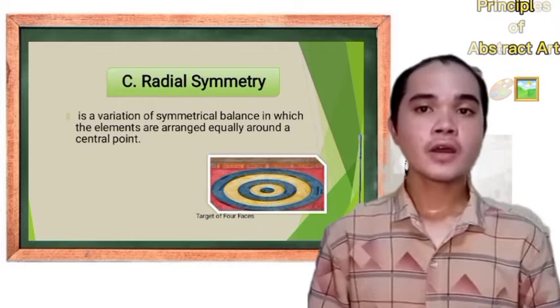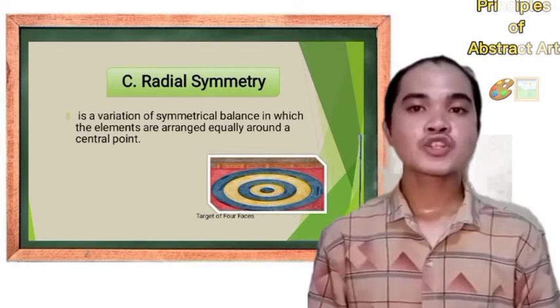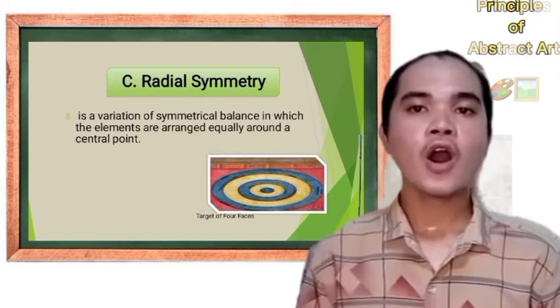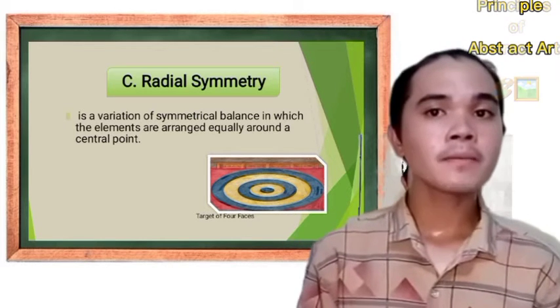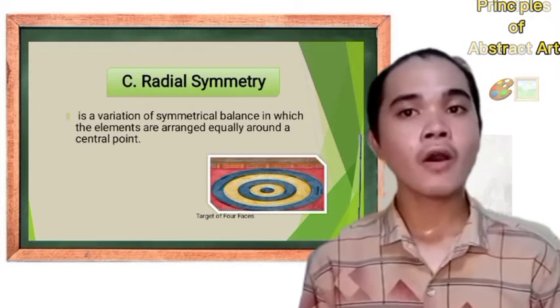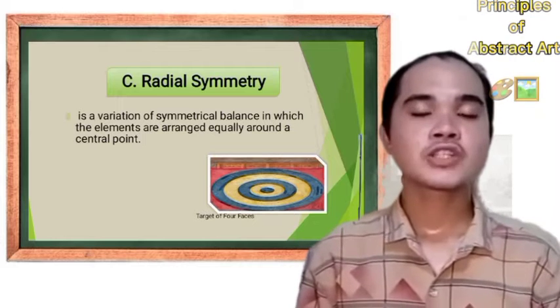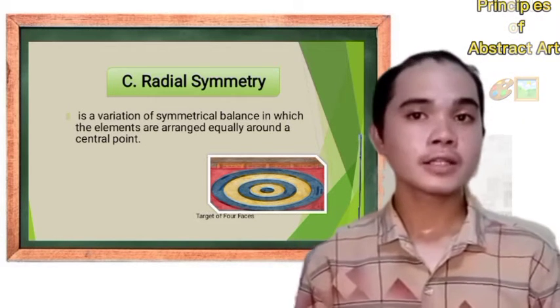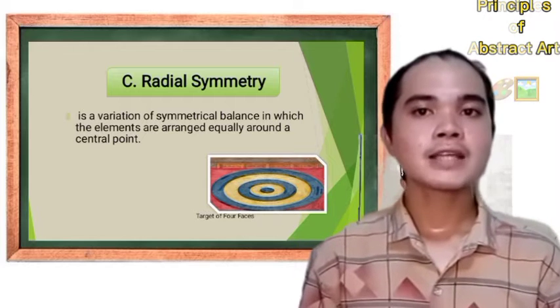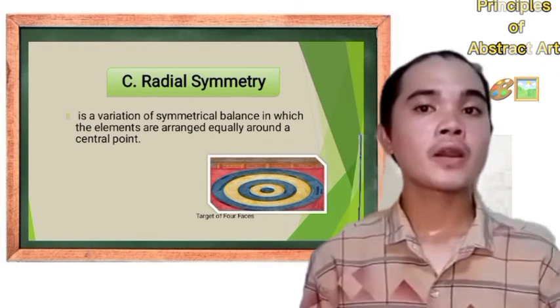In other words, radial symmetry has a strong focal point and is often seen in nature, as in the petals of the tulip, the seeds of the dandelion, or in certain marine life, such as jellyfish. It is also seen in religious art and sacred geometry, such as mandalas, and in contemporary art.